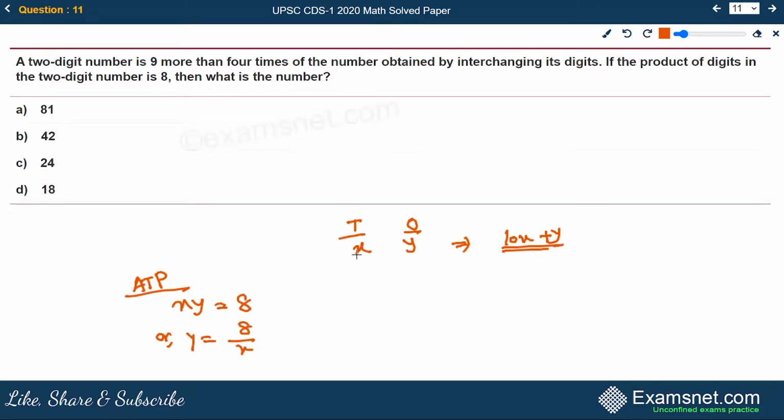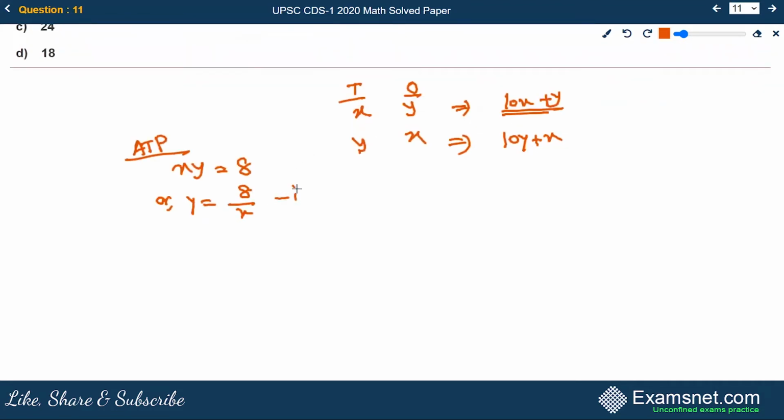Also, we know the two-digit number, that means 10x + y, is 9 more than 4 times the number obtained by interchanging its digits. Interchanging its digits means y becomes the digit in tens place and x becomes the digit in ones place. If we interchange the digits, then we can express the number as 10y + x. So another relation, let's name the first one 1.